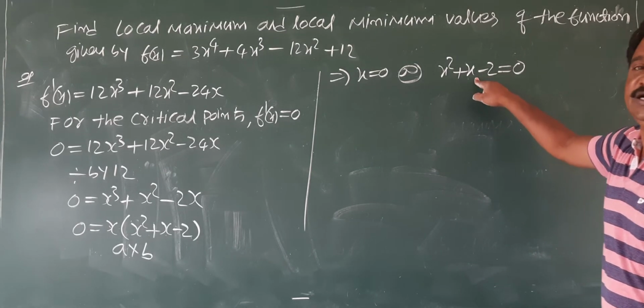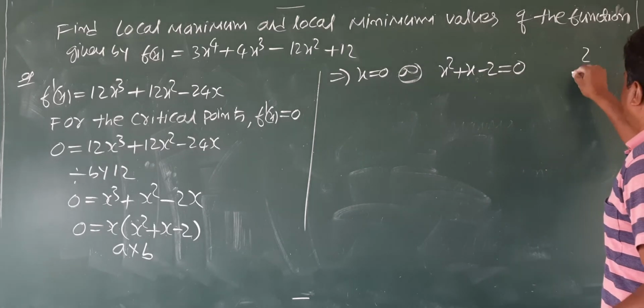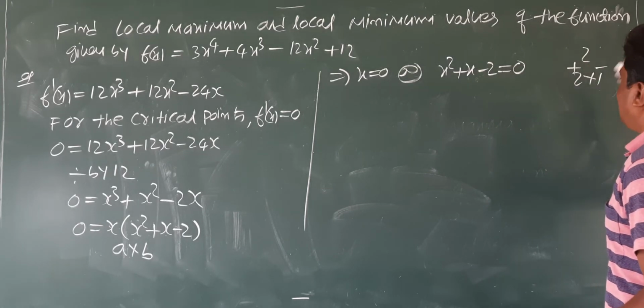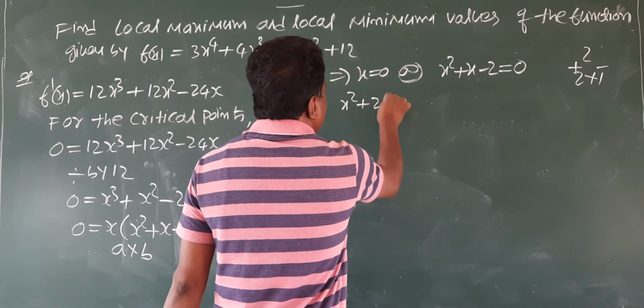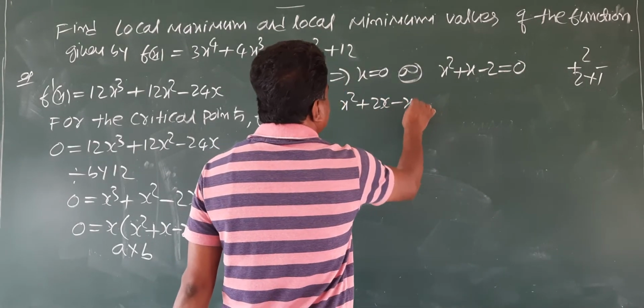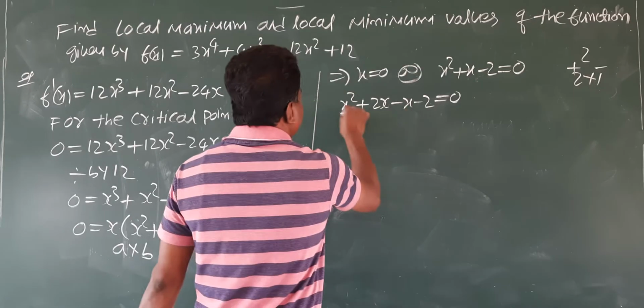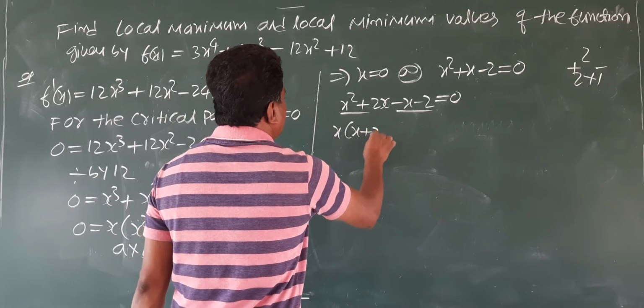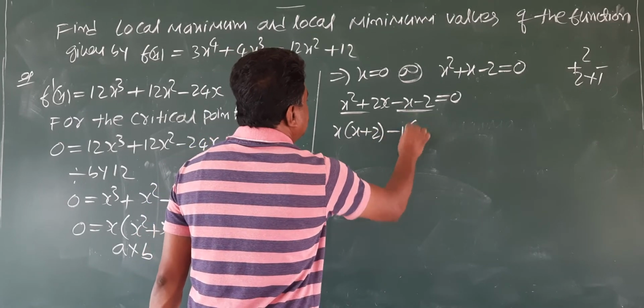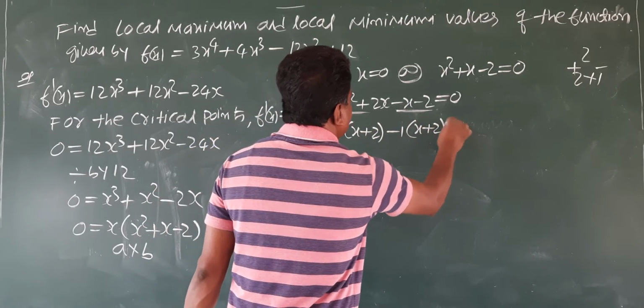You factorize that. x square plus 2x minus 1x minus 2 equals 0. So tell me common, students. x plus 2. What is common? x minus 1 into x plus 2 equals 0.